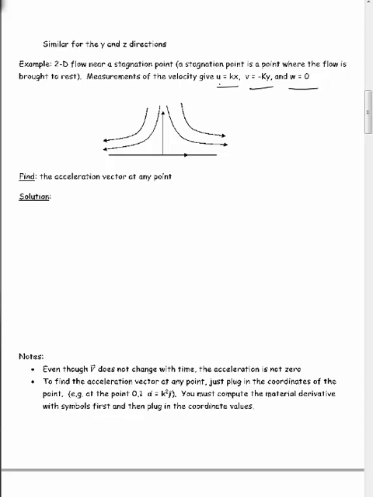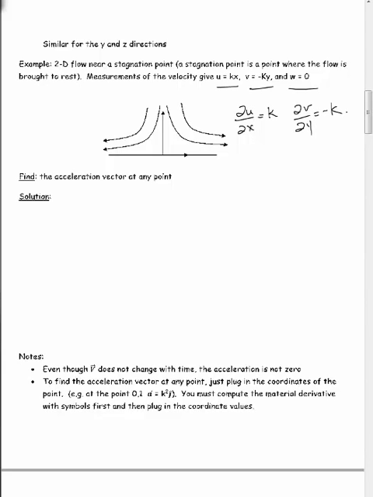We know we got derivatives going here. Let's just go ahead and take some derivatives. du dx, and partial just means you treat everything that's not x as a constant. So that's equal to k. dv dy is equal to minus k.